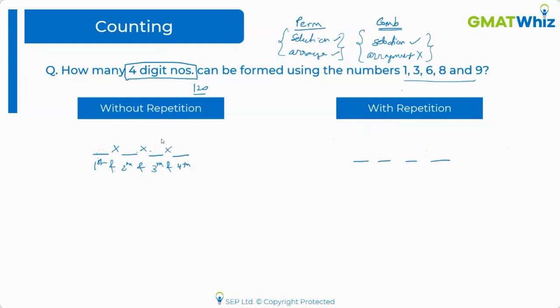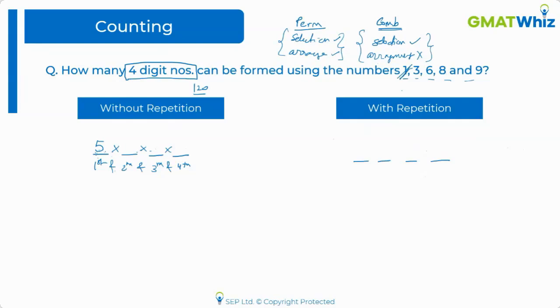Now think in this way, that there are 1, 2, 3, 4, 5 digits. If there are 5 digits, the first place can be filled in 5 ways, with any of these 5 digits. But I'll be putting just one of them at a time, not all 5 in one go.